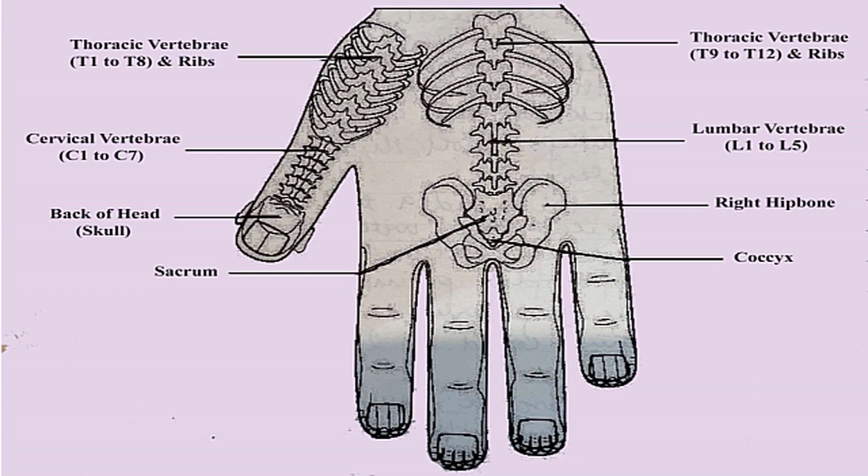After that, in the vertebrae, what comes? The sacrum, right? Now, the sacrum has 5 vertebrae again, S1, S2, S3, S4, S5, 5 bones of the sacrum.